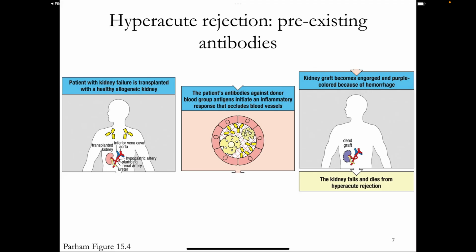If you recall, I told you last time that there are some people with type O blood who basically don't have particular terminal sugars on their red blood cells. Some people have type A blood, and so they have a particular type of terminal sugar on their red blood cells.